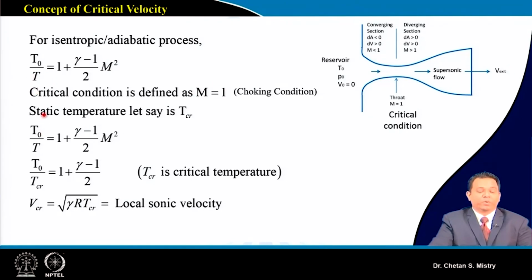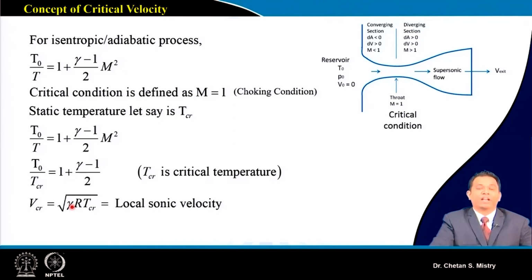So in this equation, if I put M equal to 1, it says T0 by T critical is equal to 1 plus gamma minus 1 by 2. This T critical is nothing but my critical temperature. Based on our definition, my local sonic velocity is given by root of gamma R T star, or T critical. This is one of our relations.